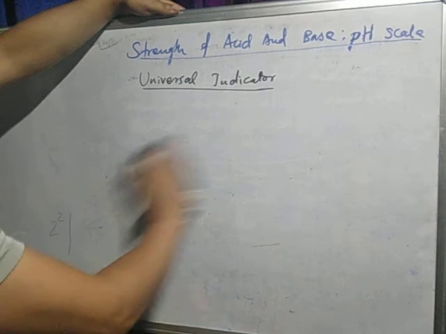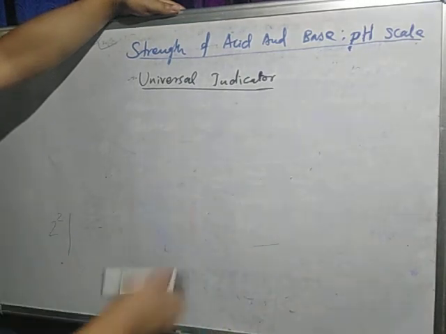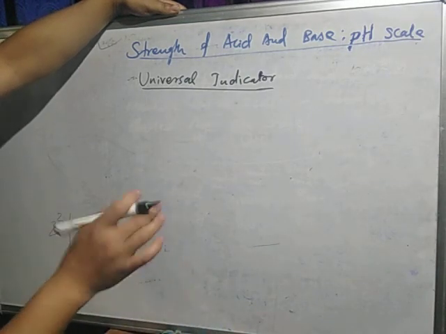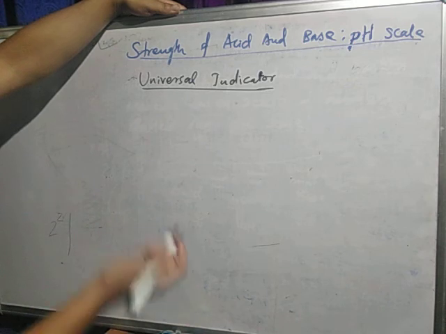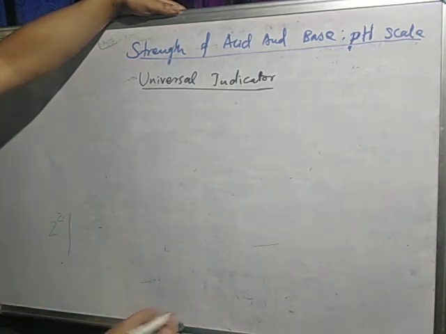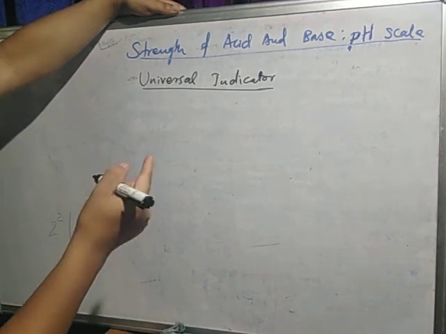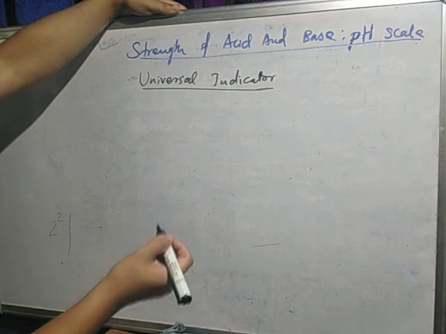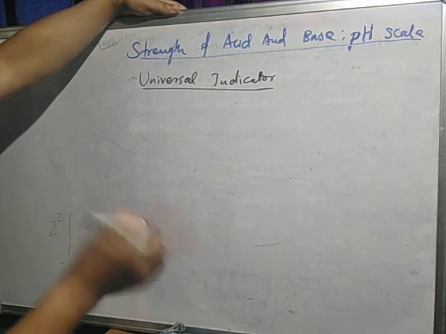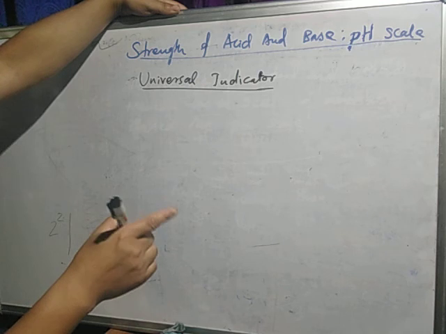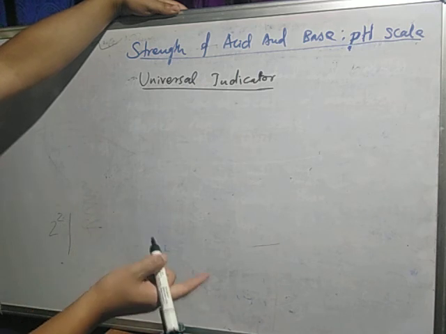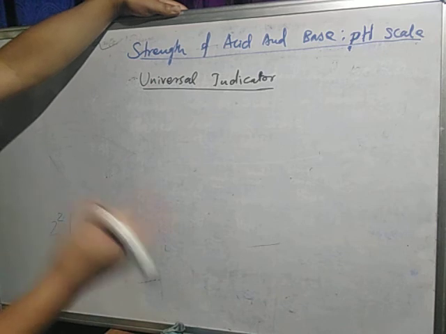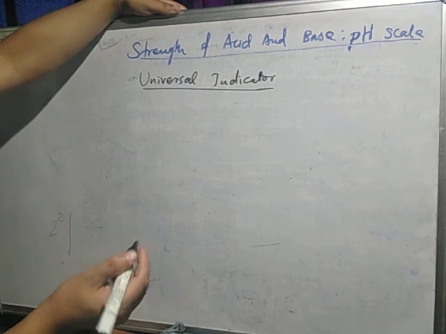To get how strong, whether it is weak acid or strong acid, we use universal indicator. Otherwise litmus just tells us whether a solution is acid or base, but it won't tell how strong or weak the acid is, and how strong or weak your base is.